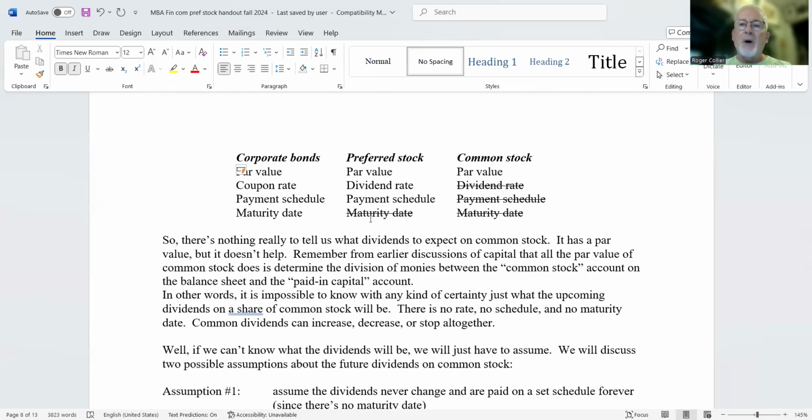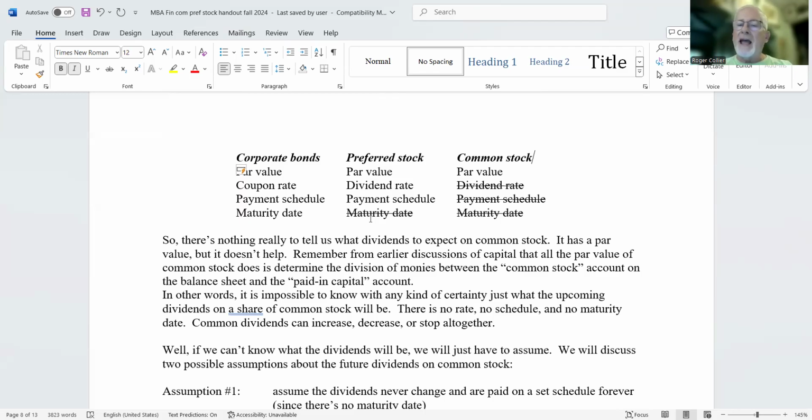Common stock has a par value. Remember, we've talked about that several times: when the company sells new common stock, the money they receive gets divided between par value into the common stock account and everything else into the paid-in capital account. So par value we've dealt with.